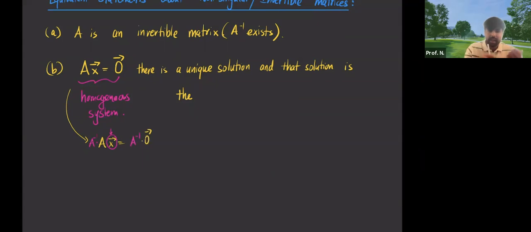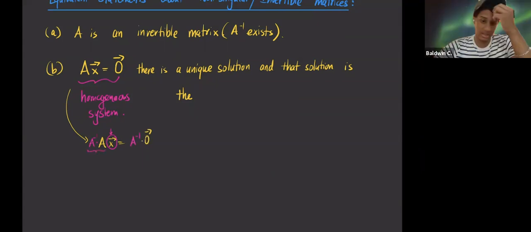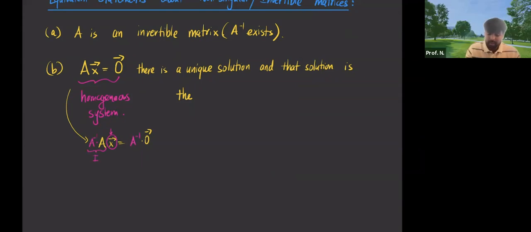What happens on the left side of the equation? A inverse times A turns into the identity. So I get the identity times the vector X equals A inverse times the zero vector. But identity times X is what? It's just X, correct? That's what the identity does, it's like multiplying by 1.